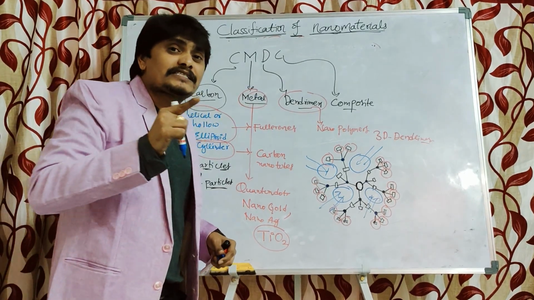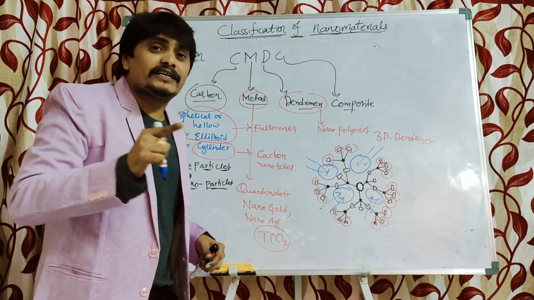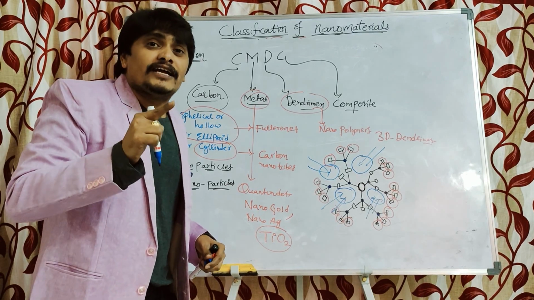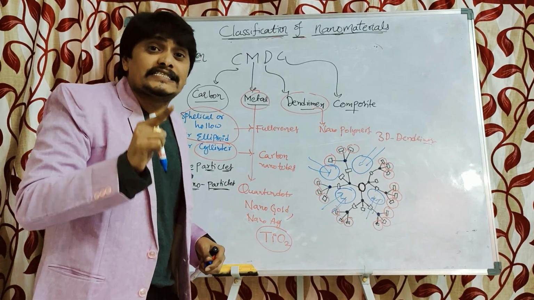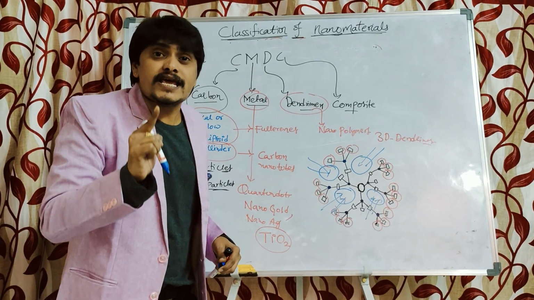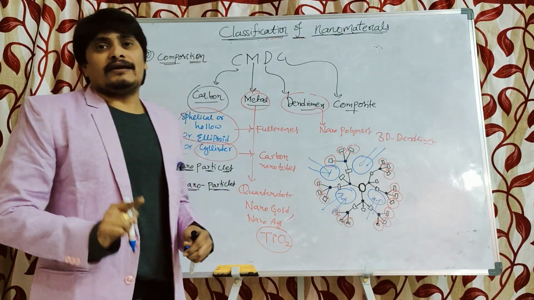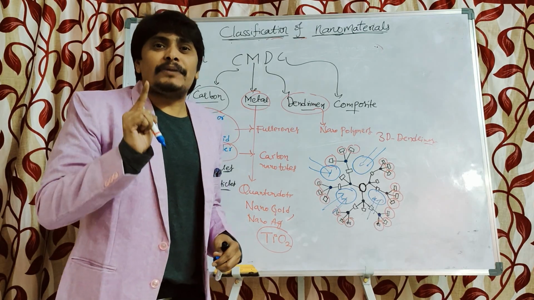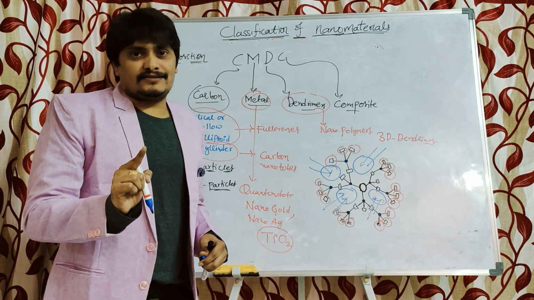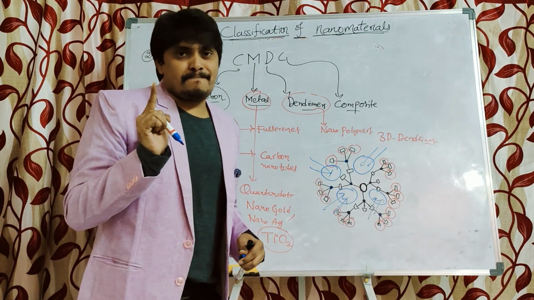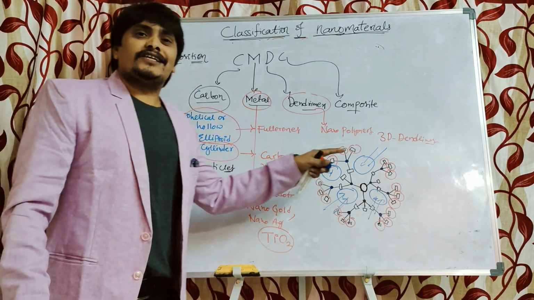Whenever the dendrimers containing drug molecule are administered into our body, definitely it will go and act upon the desired active site only. Why? I will explain clearly while explaining the application of nanomaterials in medicine. Right. So this is about the dendrimers.